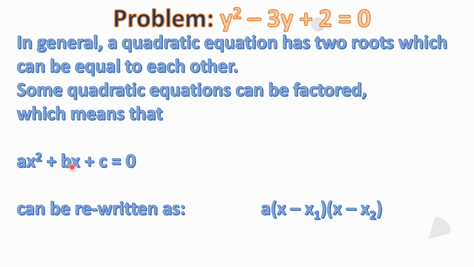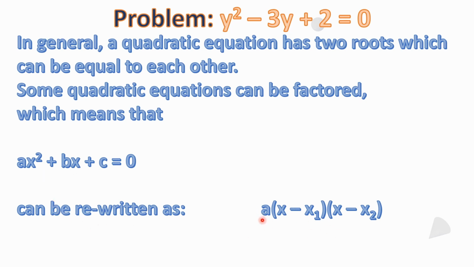And in general, a quadratic equation will have two roots, and they can be equal to each other. Some quadratic equations can be factored, and what that means is you can rewrite them. So, like if you have ax squared plus bx plus c equals 0, that's a quadratic equation that's not factored, but you can factor it.